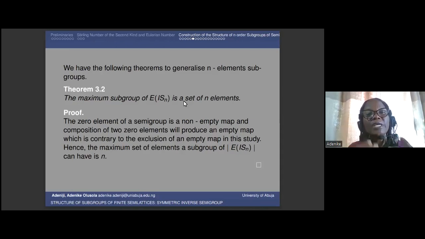But if we find the composition of 2 zero elements as defined here, it will produce an empty map, which is contrary to the exclusion of an empty map in this study. And that is the reason why the maximum set of elements a subgroup of the idempotents of the symmetric inverse semigroup can have is n.